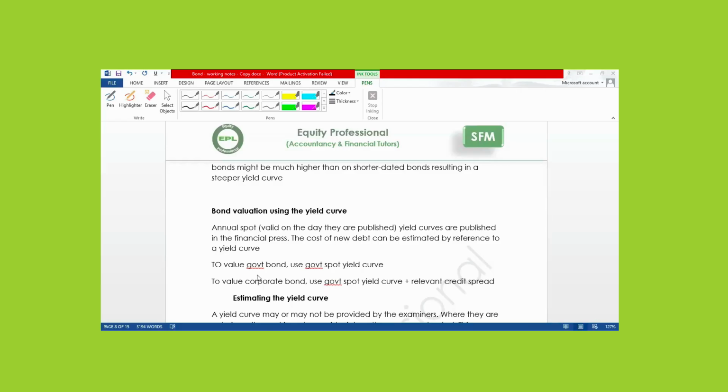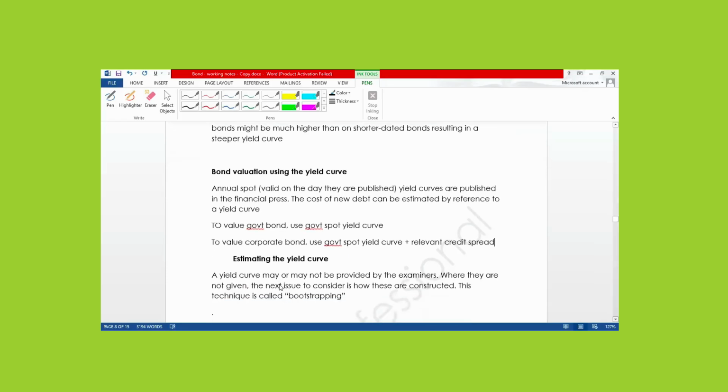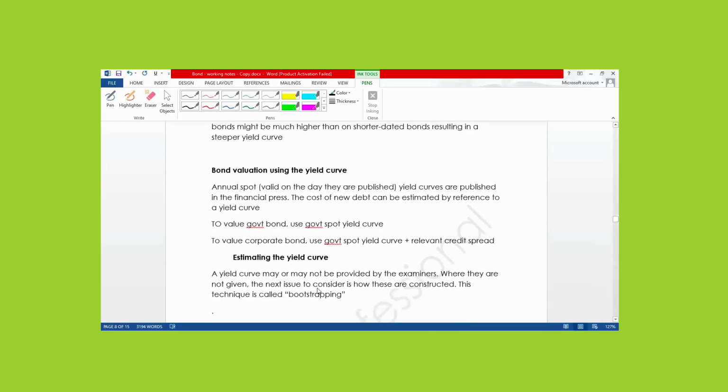Look at it here. A yield curve may or may not be provided by the examiner. Where they are not giving, the next issue is to consider how this can be constructed.